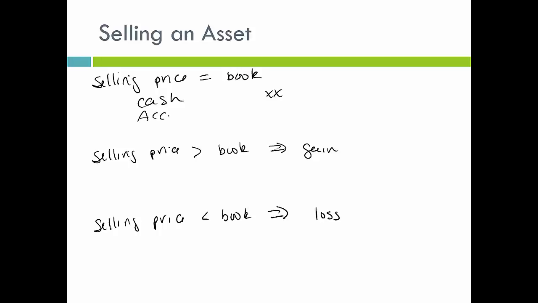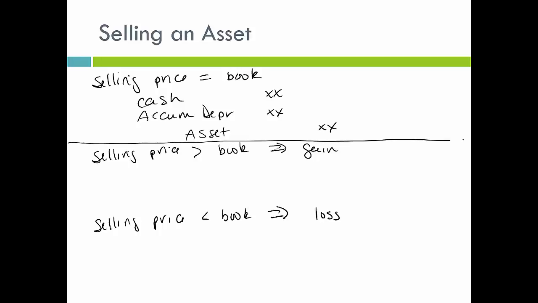I will debit accumulated depreciation, because that has a credit balance and that needs to be debited. And then I will credit the asset, because that has a debit balance. And if I'm selling it for exactly the book value, the difference between the asset and the accumulated depreciation is the book value. That's how much cash I got.